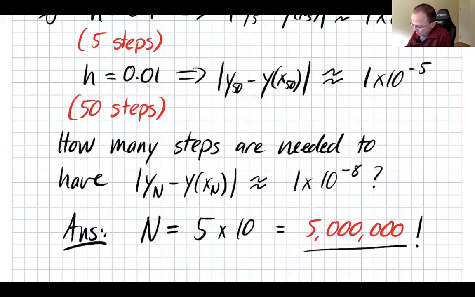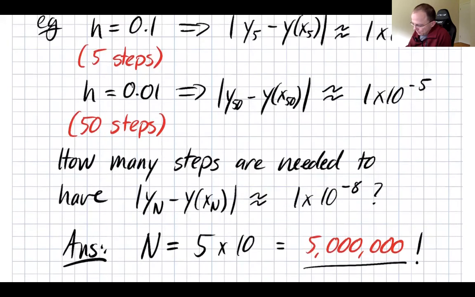So to go from 3 to 5, it was 50. And then from 5 to 7 will be another times 10, so that'll be 500. And then I guess 5,000 is going to give us 1 times 10 to the -9.